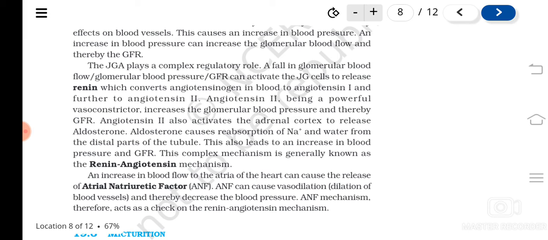We have learned where the JGA is. If there is a fall in glomerular filtration rate, JGA produces renin.